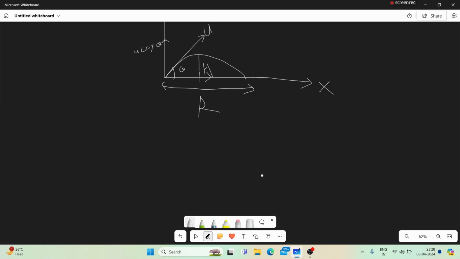In this case, acceleration is acting only along the negative direction of the y-axis. In the x-axis there is no acceleration, so the force on this particle always remains zero along the x-axis, and gravitational force always acts along the y-axis. In this figure, along minus j cap.